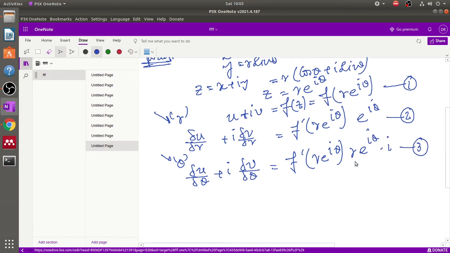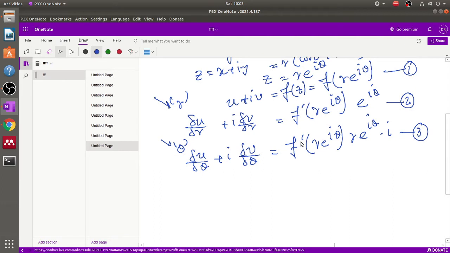Now substituting the value of f dash of r e to the power i theta, e to the power i theta, from 2 into equation 3, we obtain, so this value is put here in this 3.